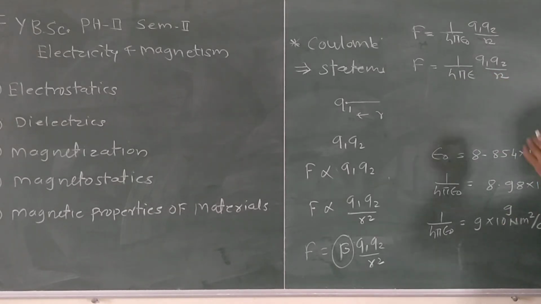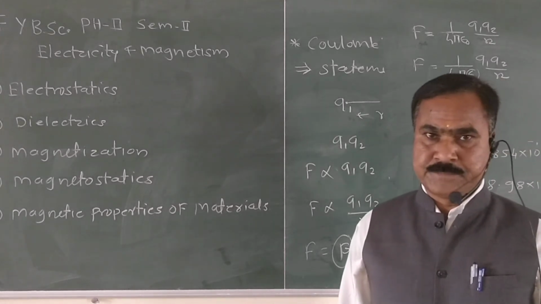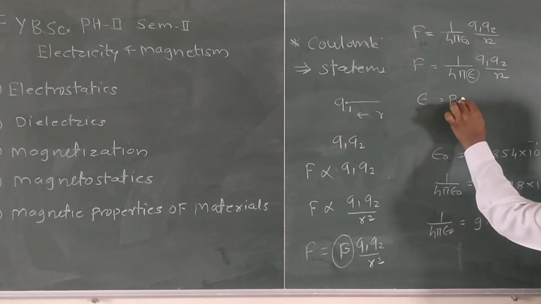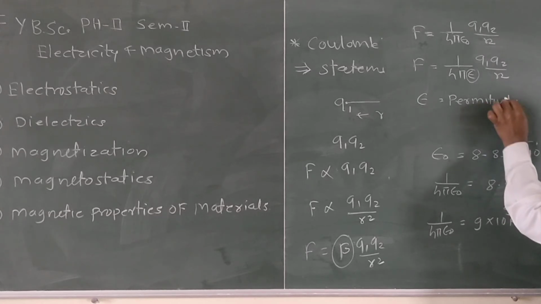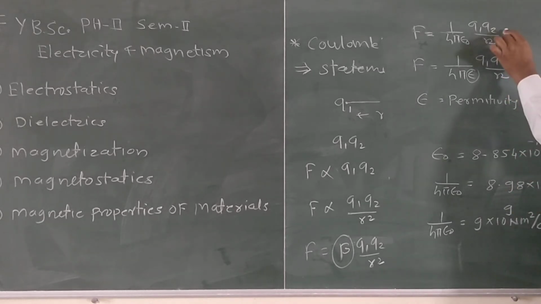Here this epsilon is called the permittivity of the medium. So this is Coulomb's law in medium, and this is Coulomb's law in free space or vacuum.